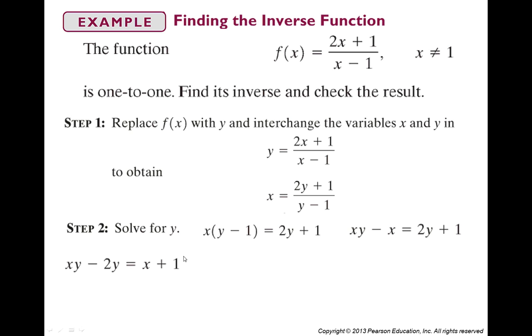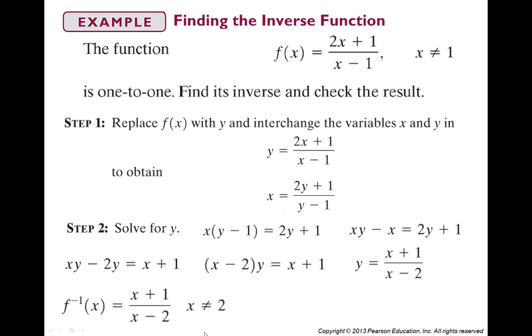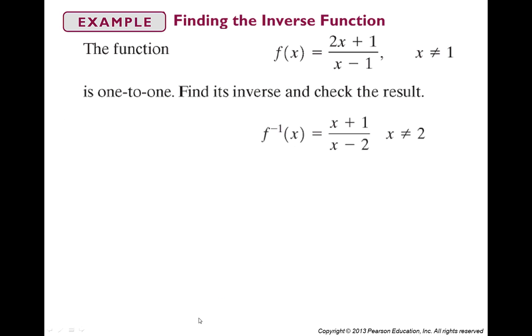Then I add x to both sides. Then I factor out the y. And I'm going to divide by x minus 2. So the inverse is x plus 1 over x minus 2. A little bit tricky algebra going on there. As long as x doesn't equal 2, this is the inverse of the function.